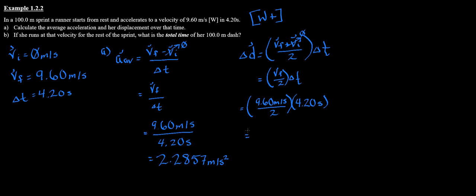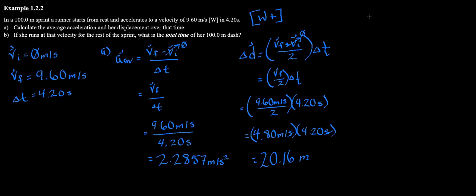So 9.6 divided by 2 gives me 4.80 meters per second, and that is multiplied by our time of 4.20 seconds. When we plug that into our calculator, what we end up with is 20.16 meters. Your seconds are going to cancel here, leaving you with just meters.